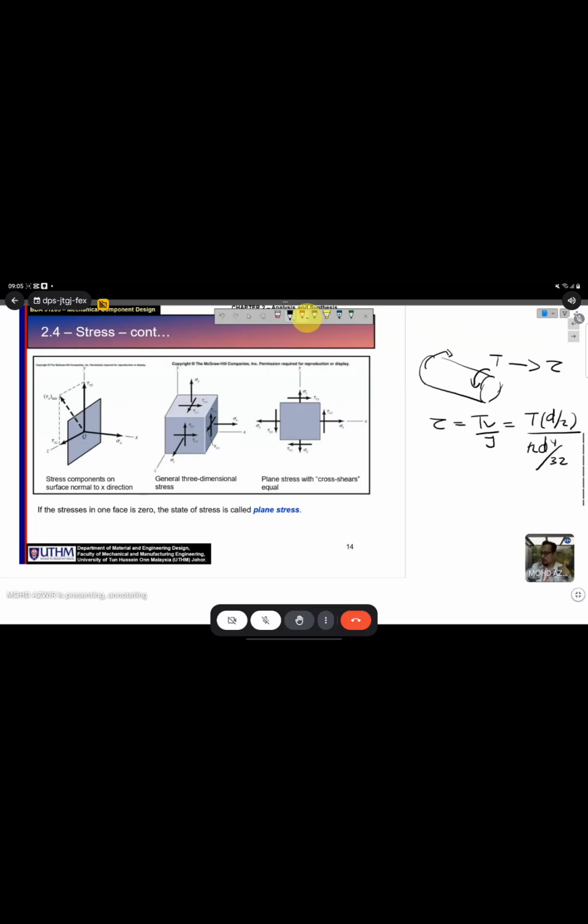This one is D power 4, this one we have D, so we cancel to D power 3. And 2 and 32 we can simplify to 16, and then 16 you put at the top. So the final equation will be 16T divided by pi D cube.